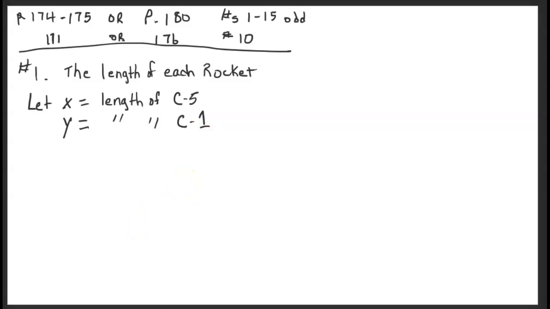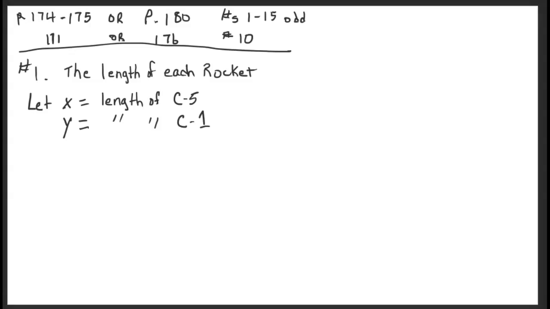Okay, so now I know what my variables represent. Now I'm going to go back to the beginning of the word problem, and I'm going to see if I can build equations from the sentences. In other words, we're going to involve ourselves in translation. We're going to translate from the English to the mathematics.